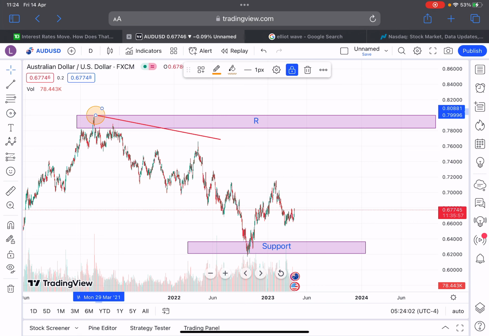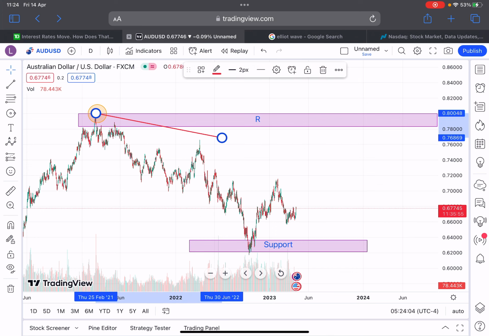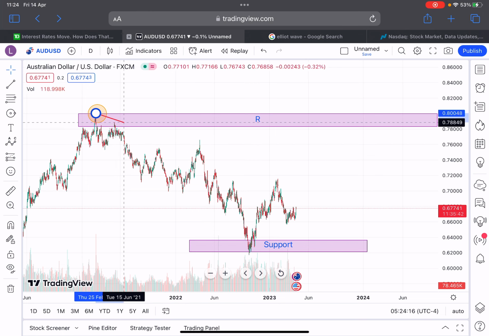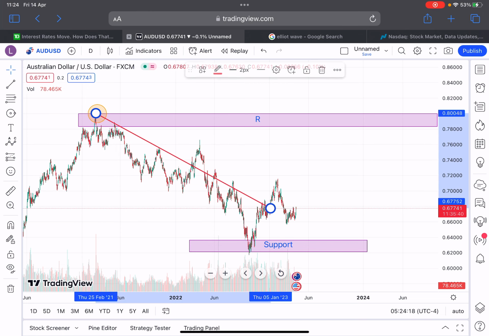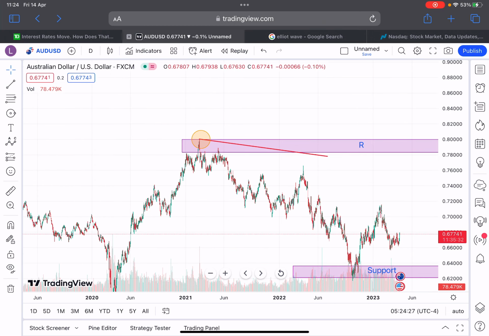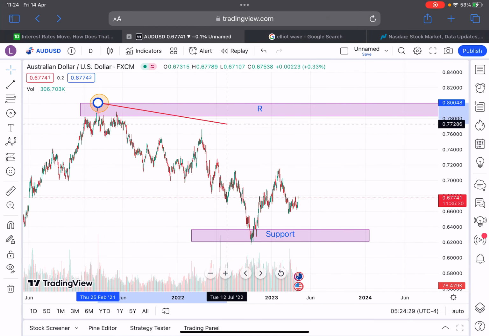Let me log, and then make sure that you cover the wings too. That is your touch 1, and then have your touch 2. When you have your touch 2, make sure that your trend line doesn't cross the chart like this. Your trend line mustn't cross the chart, but it has to go above the chart, like so.